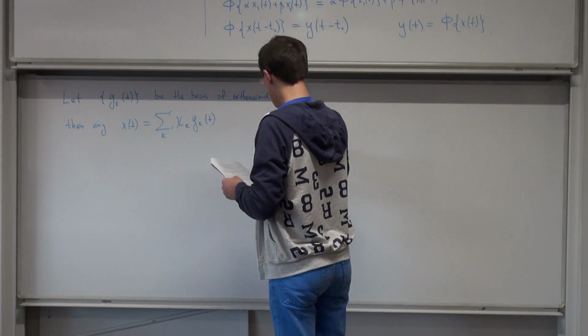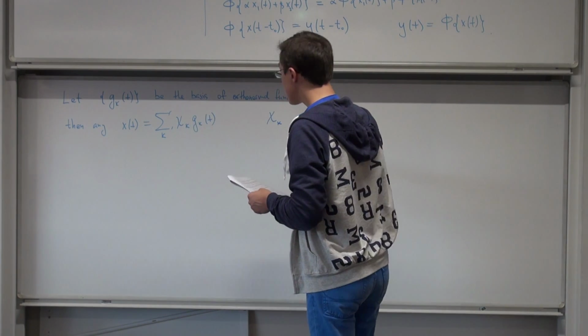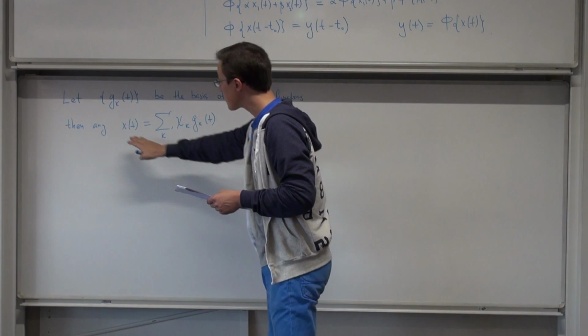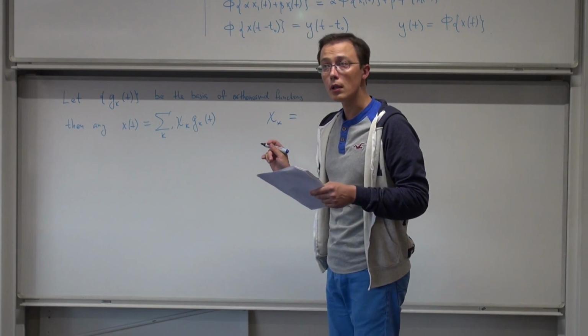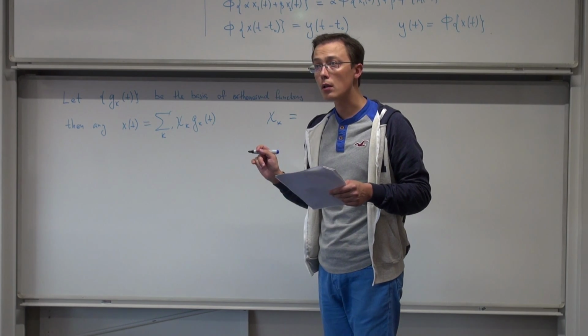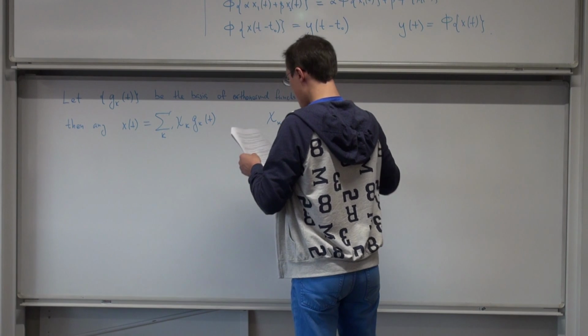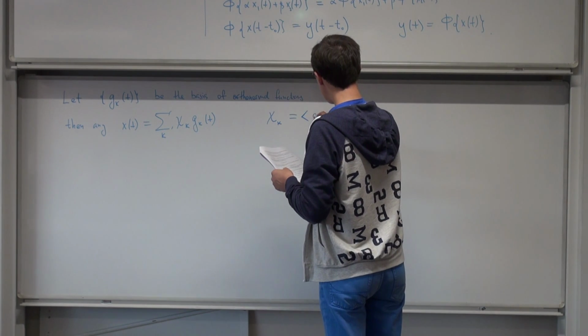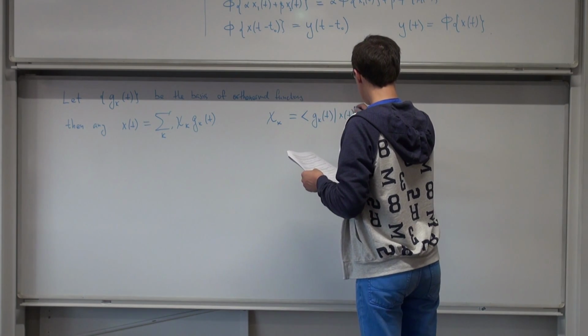So then chi_k, the coefficient, will just come out of the scalar product of x with the g. So how many of you have come across Dirac's notation by now? So most of you, somewhere in some courses. So it will be g_k of t applied to x of t.